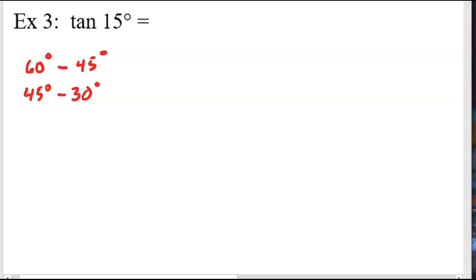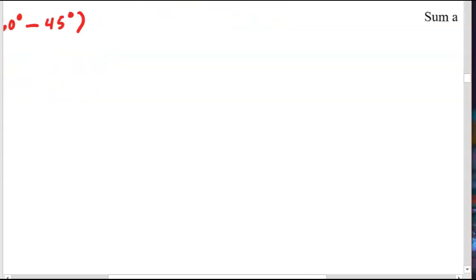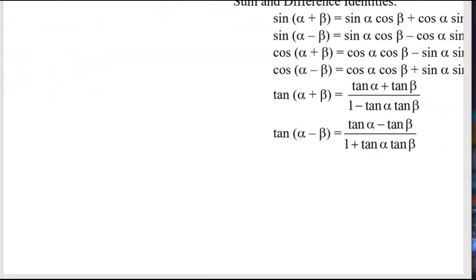So I'm going to use tangent of 60 degrees minus 45 degrees. 60 minus 45 is 15, so we're good so far. Now we go to our handy dandy set of formulas. Tangent of a difference, which is what we're looking at. So difference in the numerator, sum in the denominator.